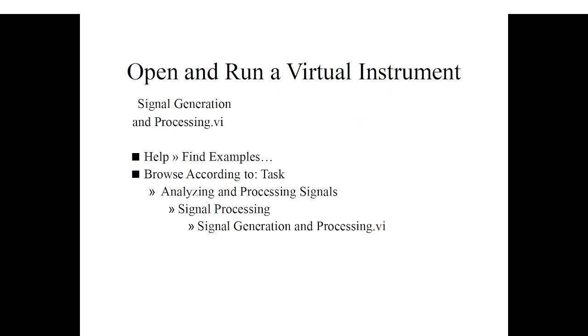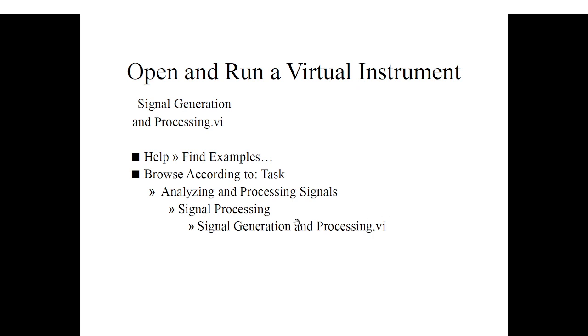Open and run a virtual instrumentation. When you open a virtual program, we need to get a signal generation, that is called input, from raw data. For example, in the first diagram we got a temperature input. The temperature signal generation we need to get for programming purposes.